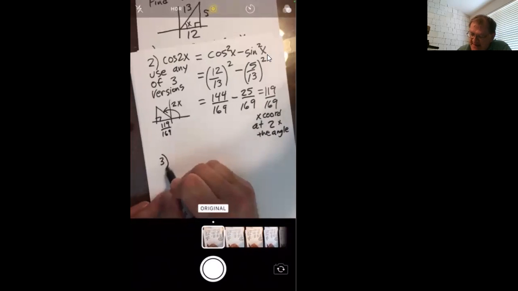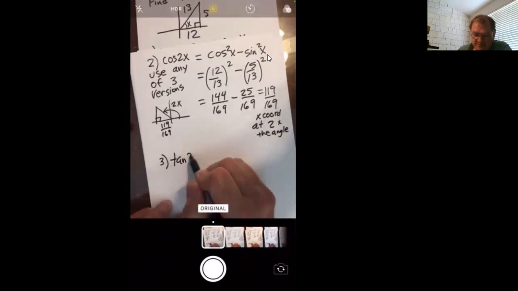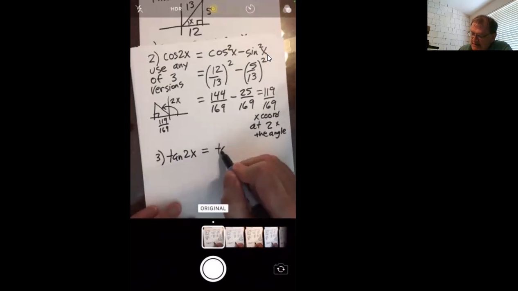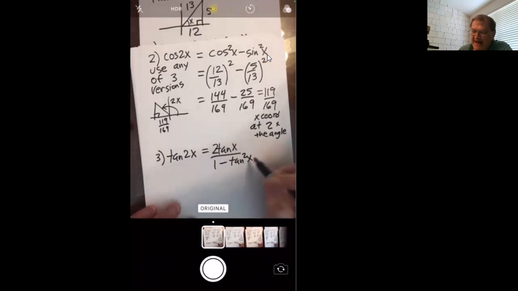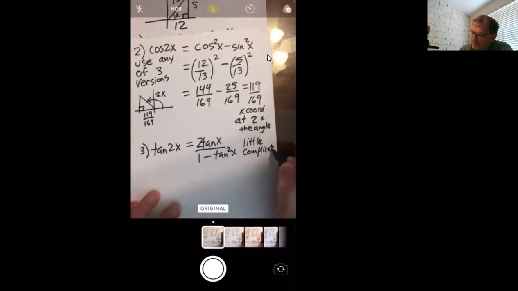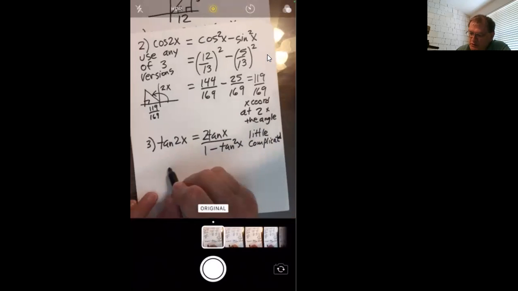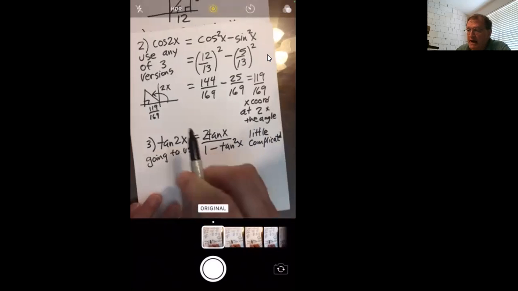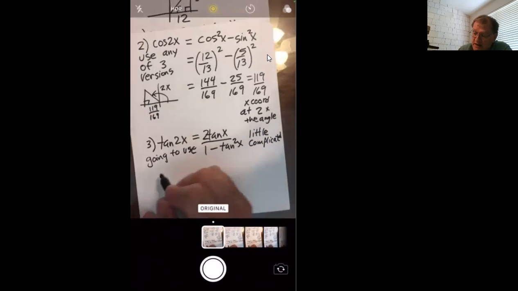All right, 3, tangent of 2x. Okay, we can use that it was twice the tangent of x over 1 minus tan squared. Then you've got to figure out your tangent and everything. A little complicated. So I'm going to use sine 2x divided by cosine 2x, especially since they had me work out sine of 2x and cosine of 2x.